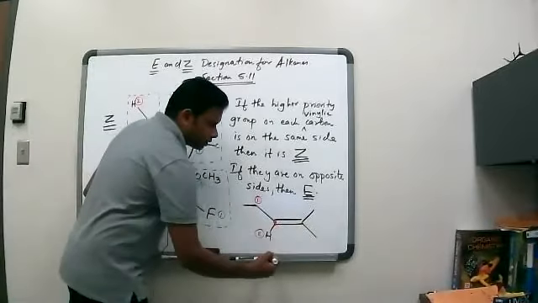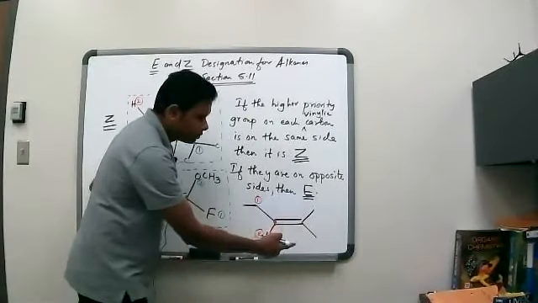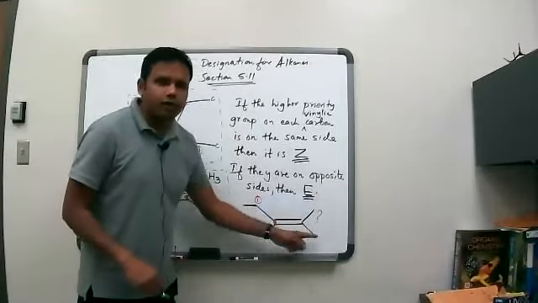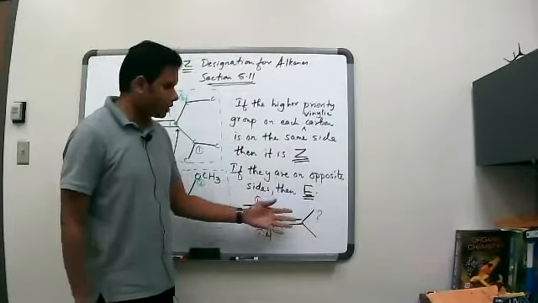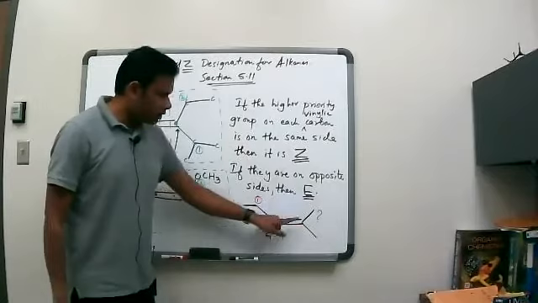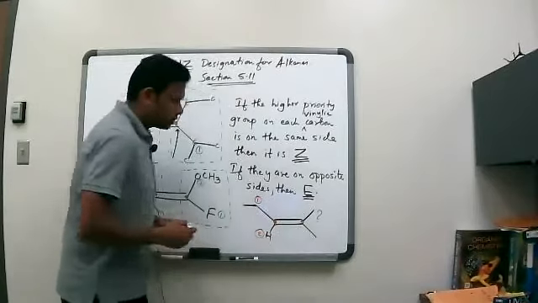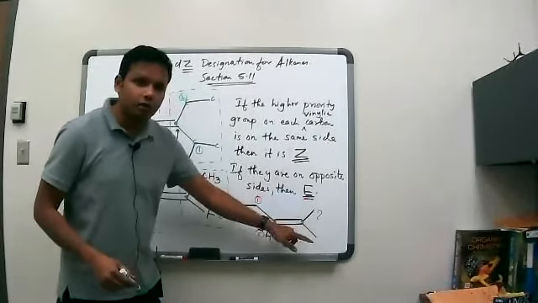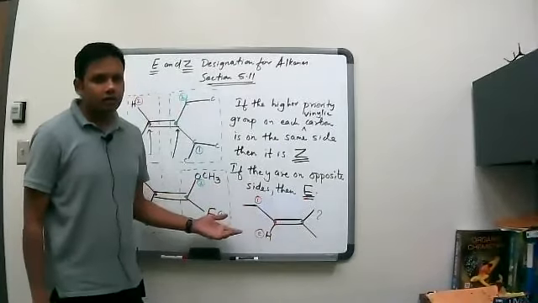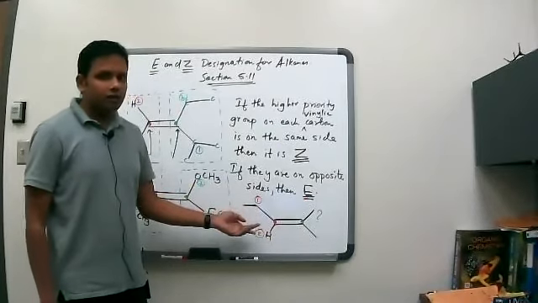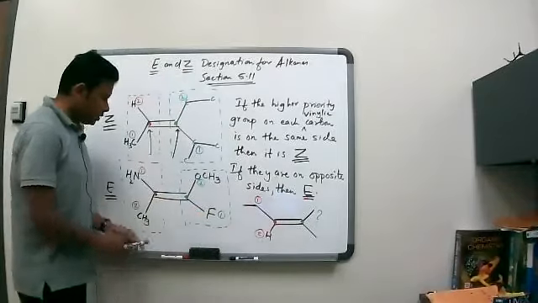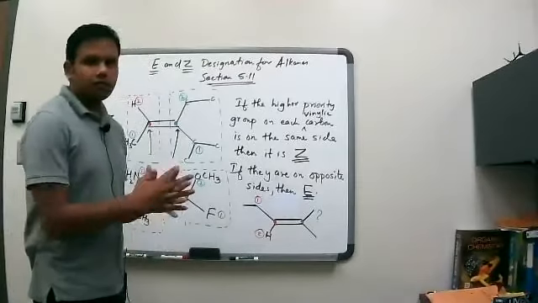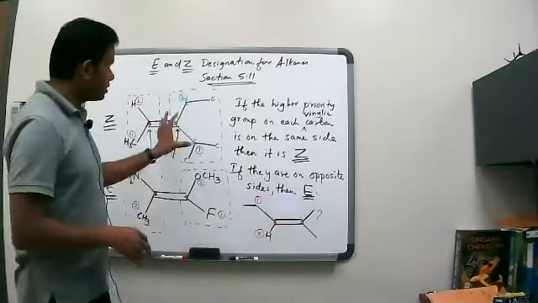But on the other side now, they're both methyl groups, which means I'm unable to assign a priority over here because they are both identical. So I cannot differentiate the two. And so when one of the vinylic carbons has two identical groups, then you cannot assign E or Z. In fact, you cannot even assign cis and trans in this particular case. So that's where E and Z has a limitation, or cis and trans has a limitation, when a carbon has two identical groups.